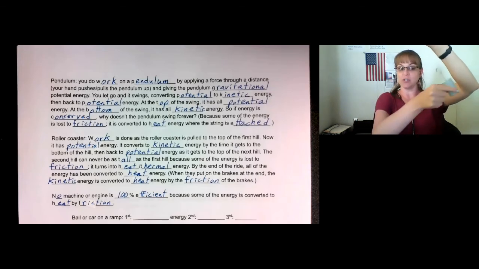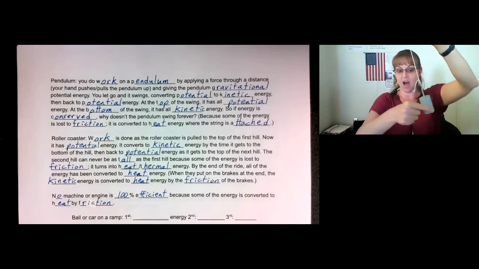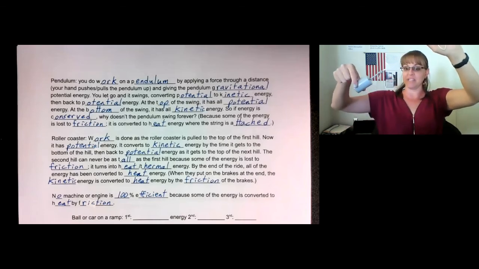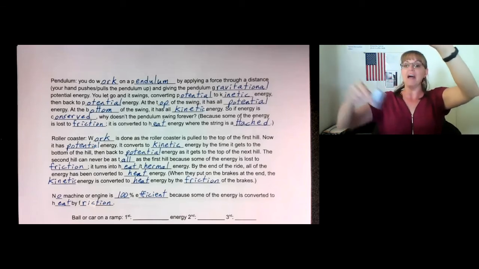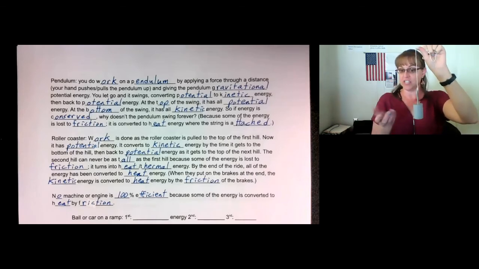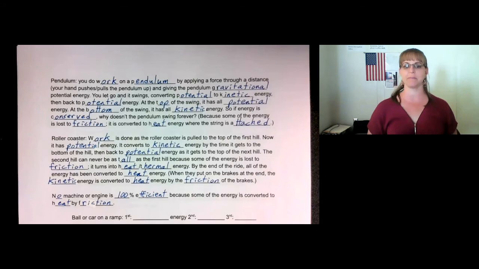Then it's back to potential energy at the apex of the swing. Then back to part kinetic, part potential. All kinetic, it's in the fastest motion. Part kinetic, part potential, all potential. And so you see how quickly that converts back and forth. All that energy together is mechanical energy.